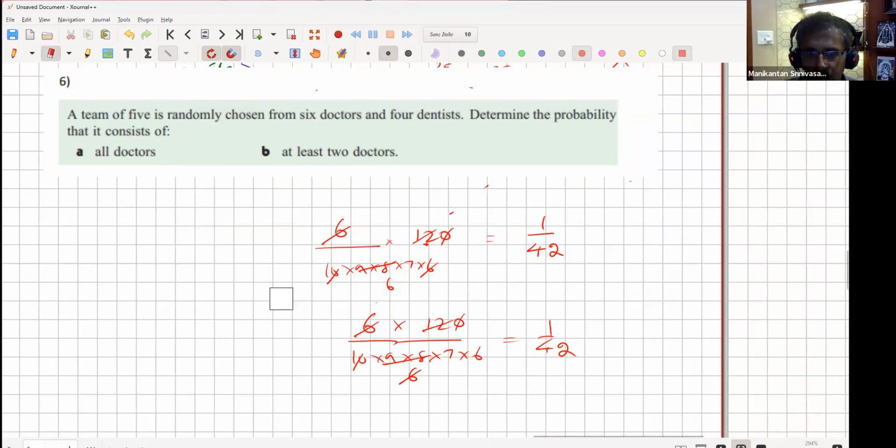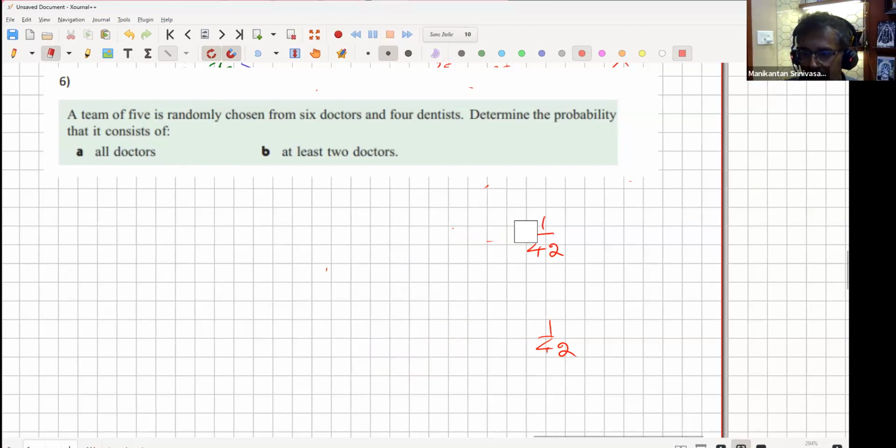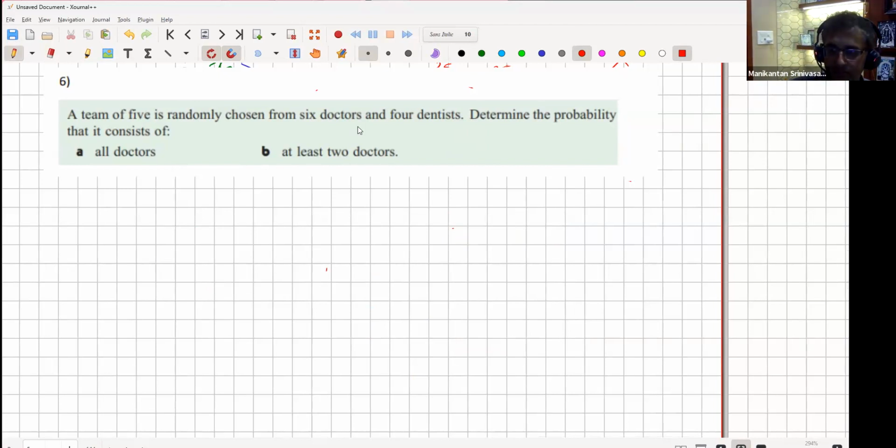All right. What is the probability of at least 2 doctors? Can you all do it now that we know this logic of choosing? Many of you have not done it. Now you know how choosing works. Can we do the B part? I'll give you a minute, all of you.